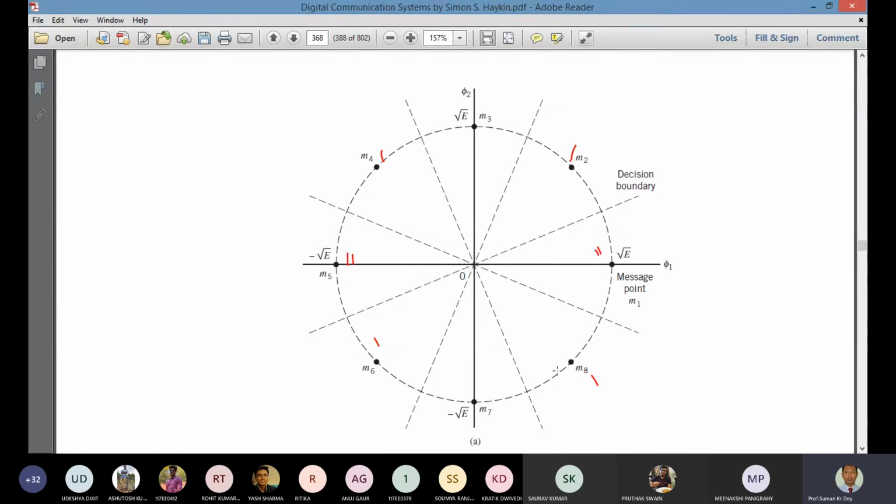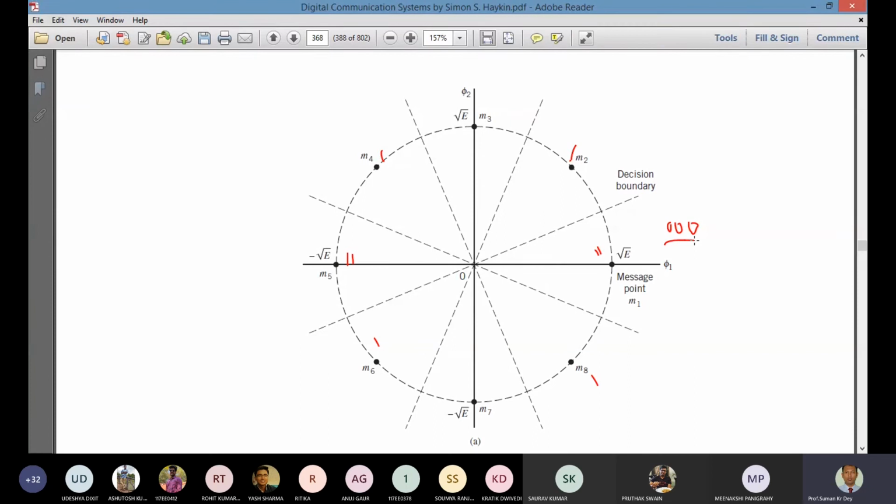So this point is message point 1, message point 2, message point 3, 4, 5, 6, 7, and 8. Now when we assign values to all the symbols, since there are 8 symbols, 3 binary bits are required to represent a single message.